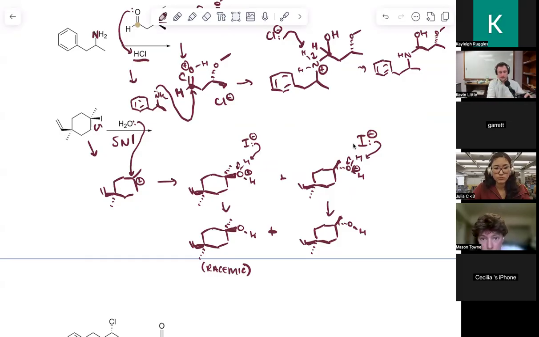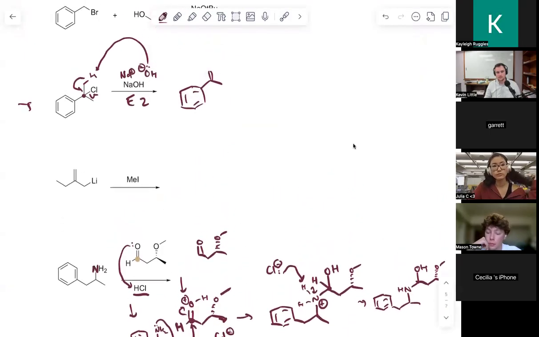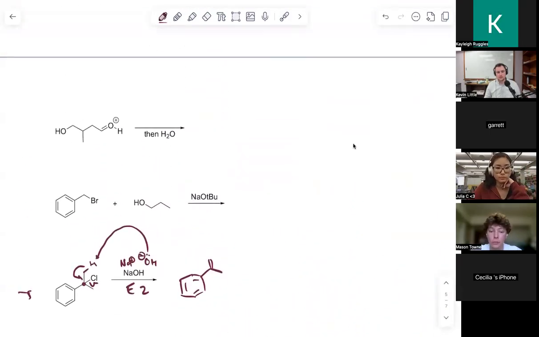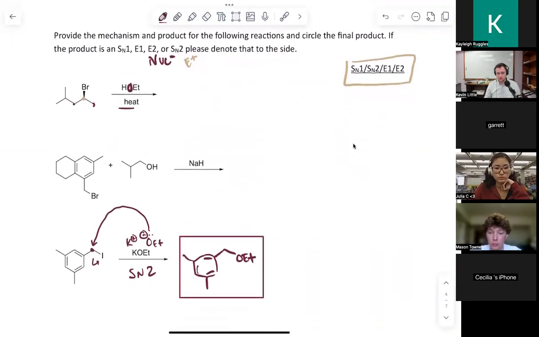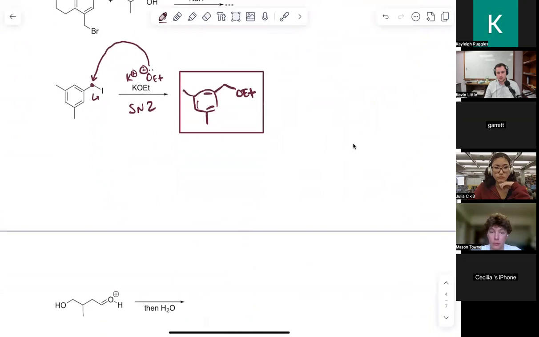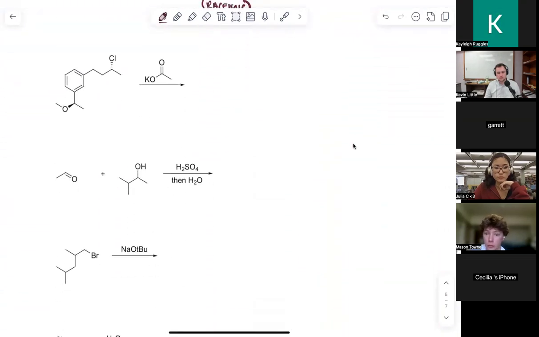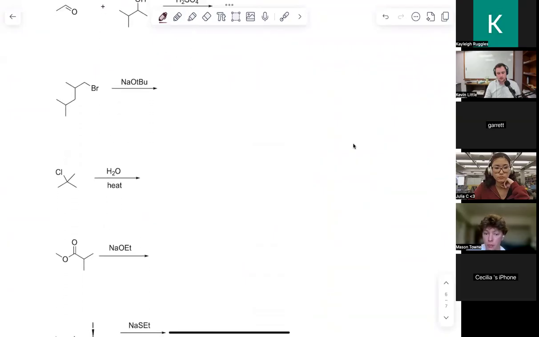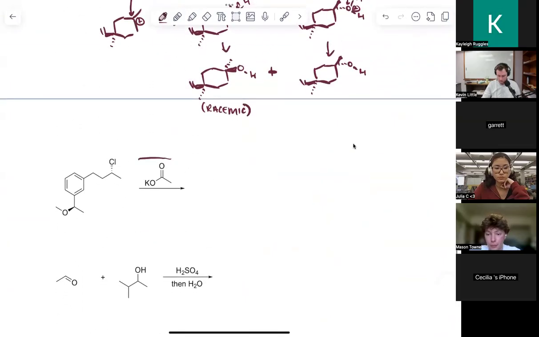And for 2s, are only tertiary favored towards elimination, or is it also secondary? So yes, secondaries favor elimination with 2s. The only time that's not true is something like this. There are some nucleophiles that favor substitution.